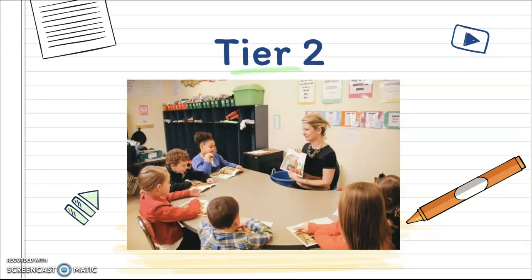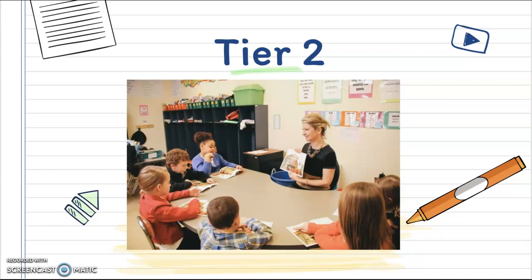So then when we move to tier 2 or tier 3, there will usually be periodic meetings that the teacher will hold and discuss with other teachers and parents about maybe if it will be beneficial if this student moves to tier 2 rather than tier 1, because they might need a little bit more support.